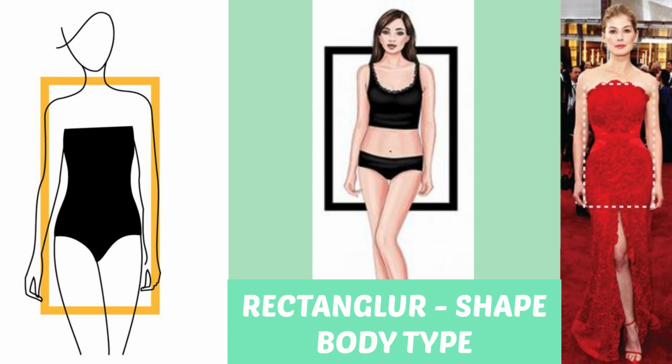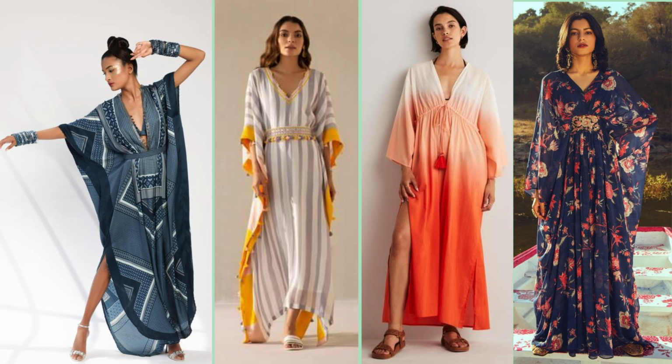Number four, rectangular body type. For this body type, defining the waist with a belt is a must. So it clinches the kaftan at the waist.